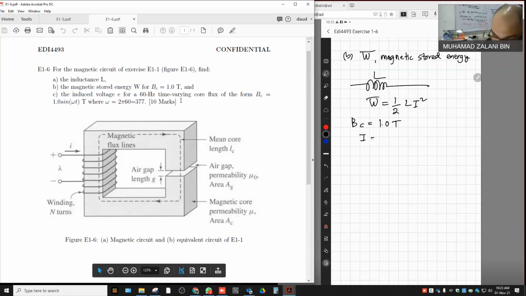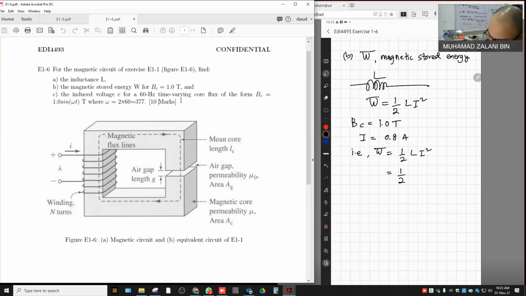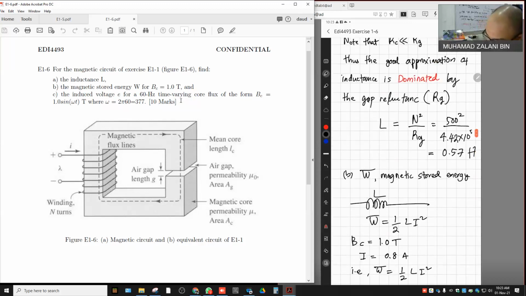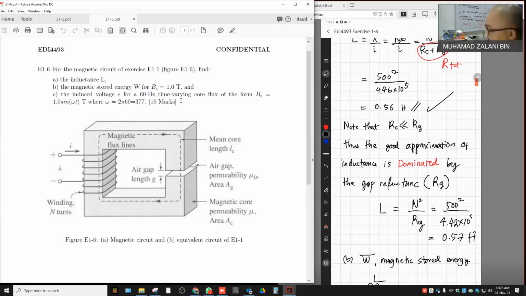Given also current I is 0.8 ampere, which is from the calculation we got from exercise E1-1. Therefore, W is half of L i square. We substitute L, which is 0.56. In the previous case, we use this L.